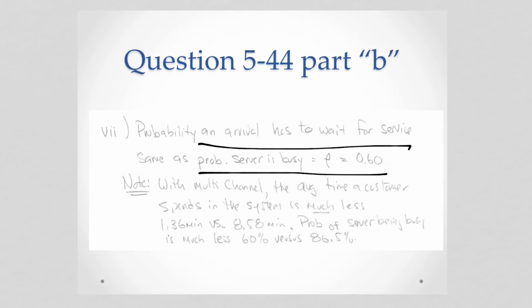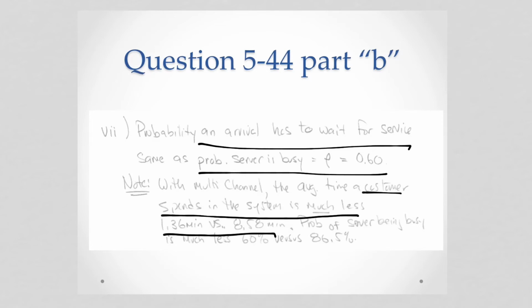And then, here's a note. With multi-channel, the average time a customer spends in the system is much less, 1.36 minutes versus 8.58. So the question was, you want to comment on the difference between the single channel and the multi-channel. And of course, the multi-channel performs much, much better, where customers spend much less time waiting or in the system.